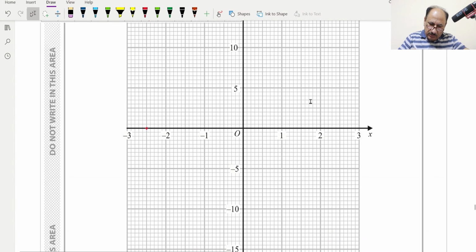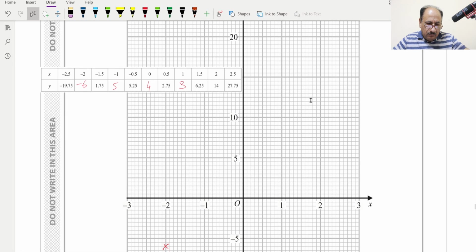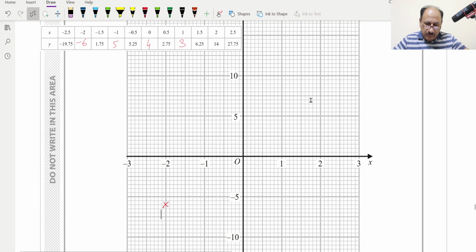Minus 2 and minus 6 will be over here. So this will be minus 2 and minus 6, and next value is minus 1.5 and 1.75.